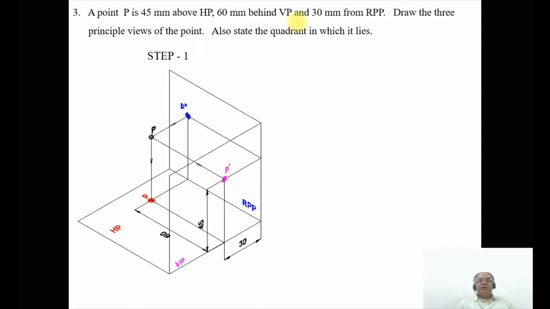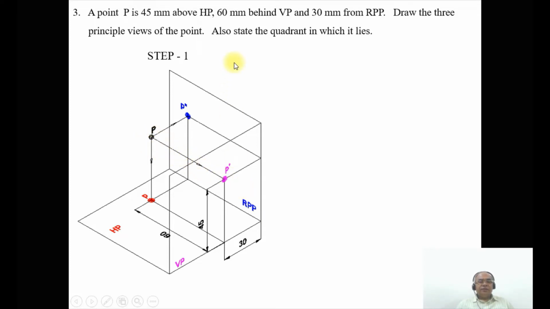If you see the problem here, in step 1, you can see the point is above HP, that is, this distance is above HP, and also behind VP. The vertical plane is here, and the point's distance from it is behind VP.